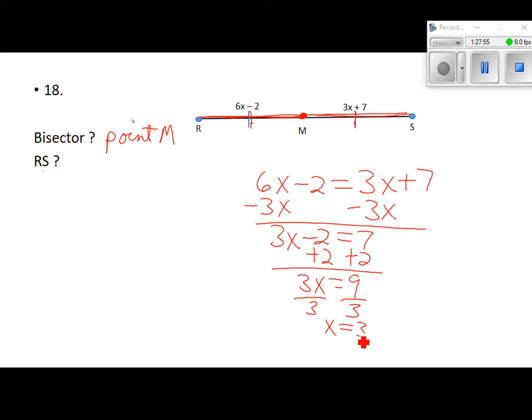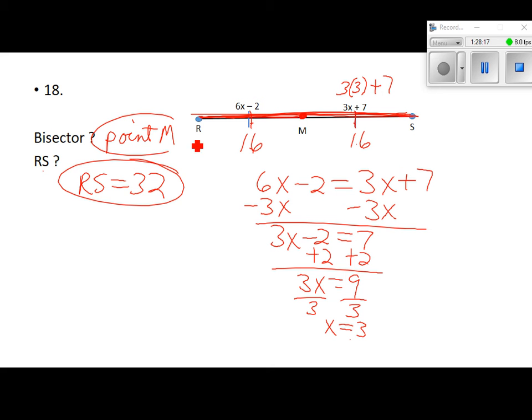They asked us to find the length of RS, which is this whole thing. So I just take that 3 and plug in here. 3 times 3 is 9. 9 plus 7 is 16. So that side's 16. Well, that means this side's got to be 16. I want the whole distance, so I add those two together, and I get RS equals 32. Those are the two answers you should have on that one.